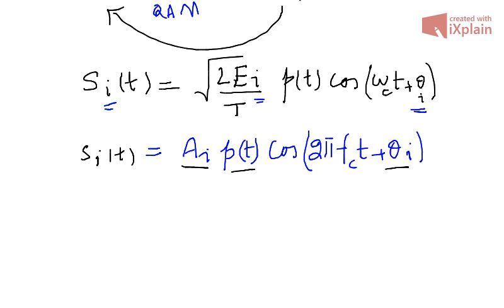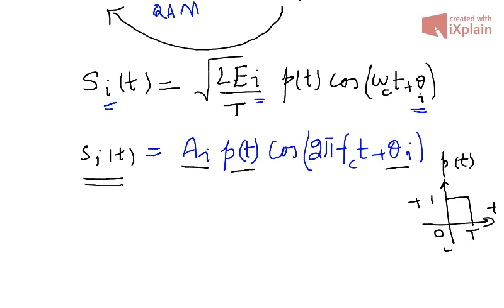If you draw your p of t, this is a pulse from 0 to T with amplitude plus 1 on the time axis. So our S_i of t is confined to this interval 0 to T.